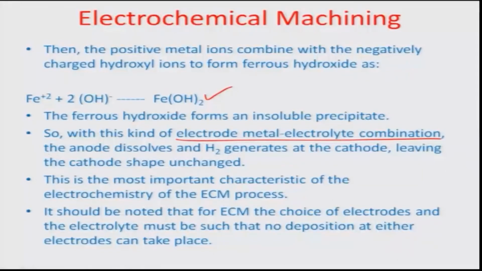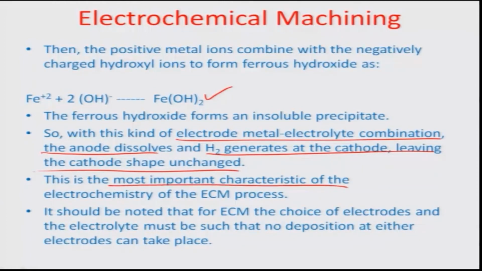So with this kind of electrode metal and electrolyte combination, the anode dissolves and hydrogen generates at the cathode, leaving the cathode shape unchanged. This is the most important characteristic of the ECM process: when we are doing a die sinking process with ECM, as I had mentioned earlier, the shape of the cathode, which is actually the tool in our case and is also an electron emitter, does not change.